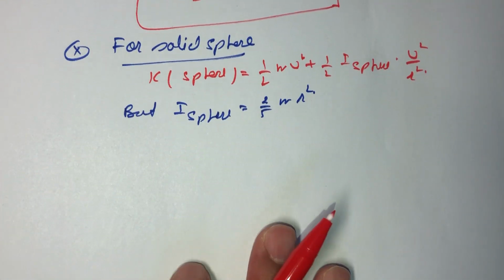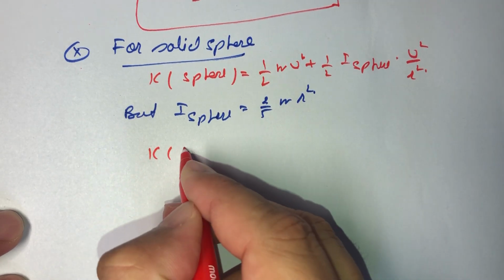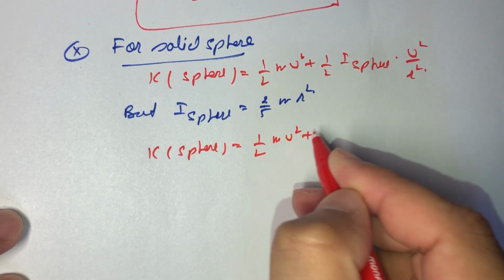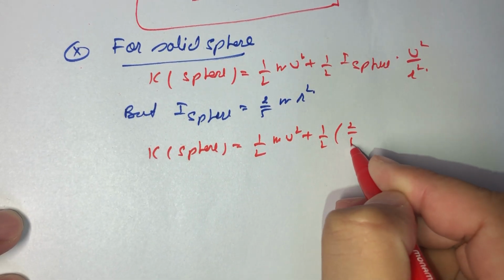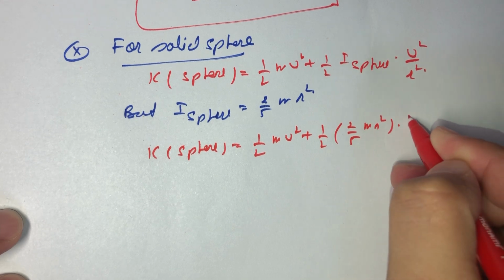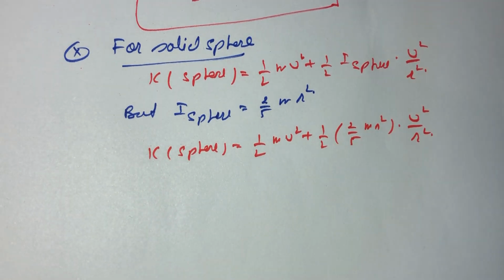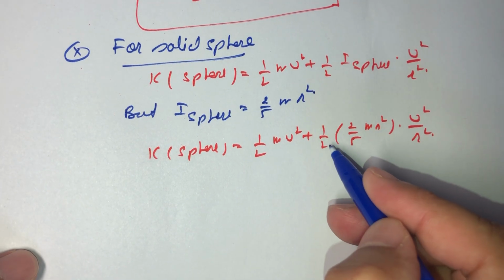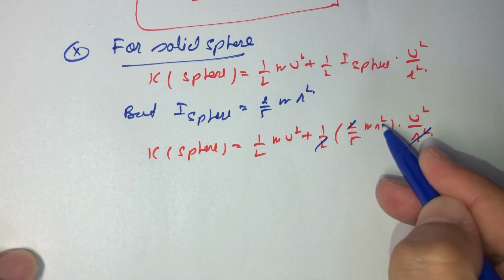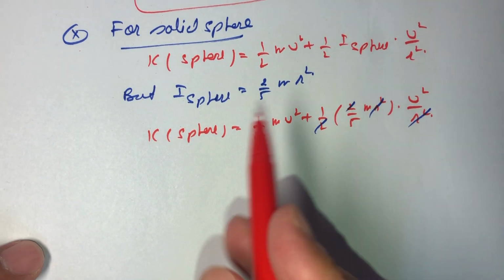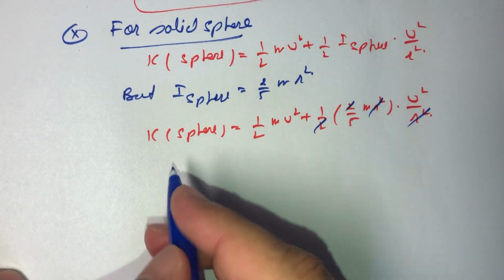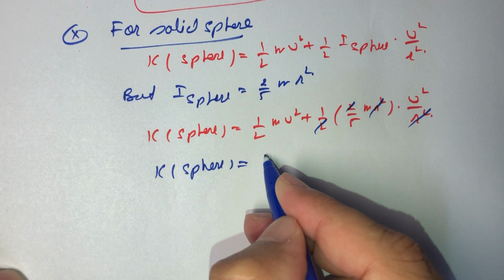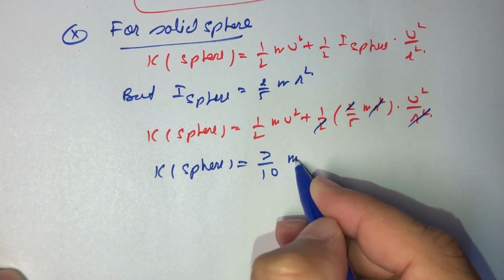So substituting this value, we get kinetic energy for the sphere equal to half mv squared plus 1 by 2 times 2 by 5 mr squared multiplied by v squared upon r squared. So 2 and 2 cancel out, r squared and r squared cancel. Therefore we get kinetic energy of the sphere equal to 7 by 10 mv squared.